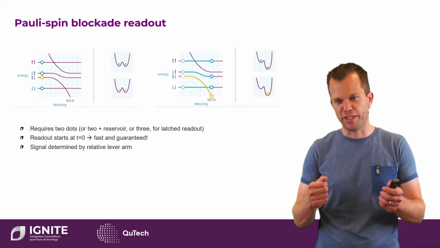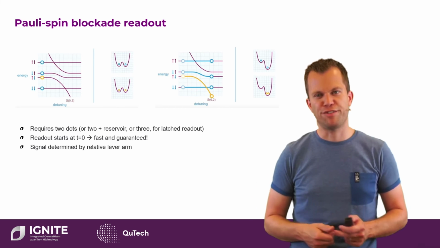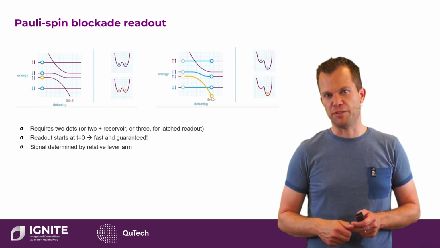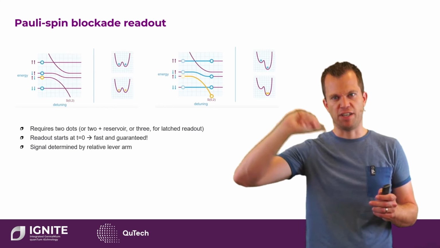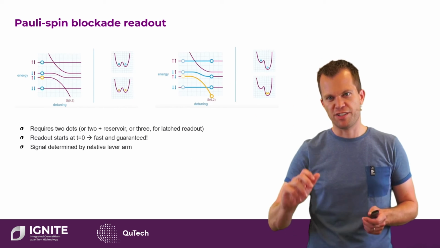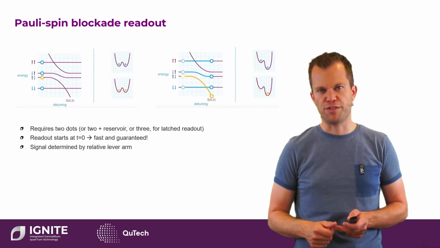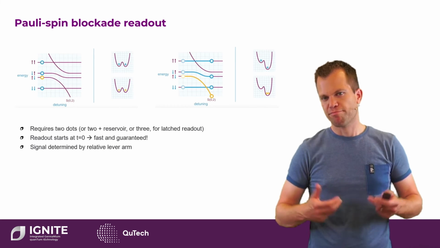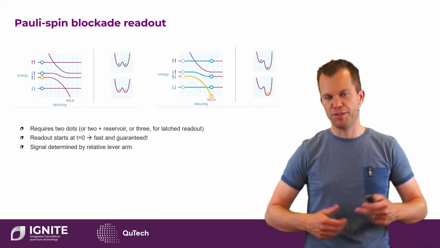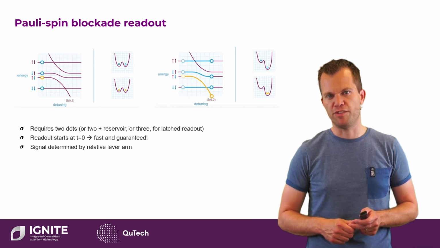And so it makes sense to convert this into a definite charge state. This can be done via what's called latch readout, such that, for example, only the excited state can escape and the ground state is blocked because it doesn't have the energy to escape to the reservoir. This will result in a larger signal and also a longer time stability.